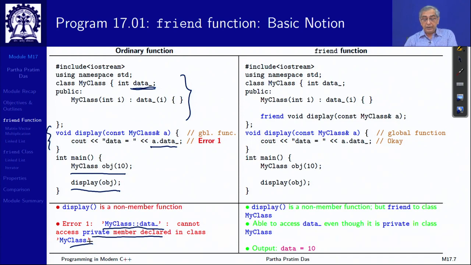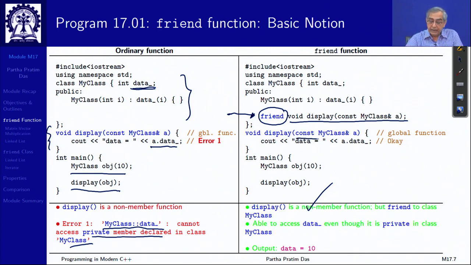Understood. This is what we have learnt about the private access specifier. Now, I do a small change. I introduce this line inside the class, where I put the signature of the global function and precede it by the keyword friend. Rest of the code, nothing is changed. Now, it is perfectly fine. Display is still a non-member function.